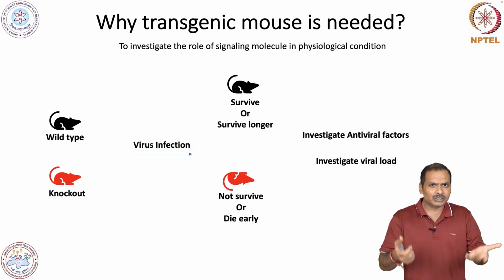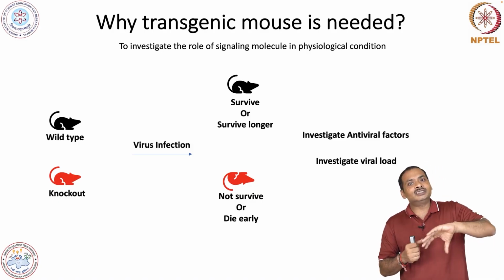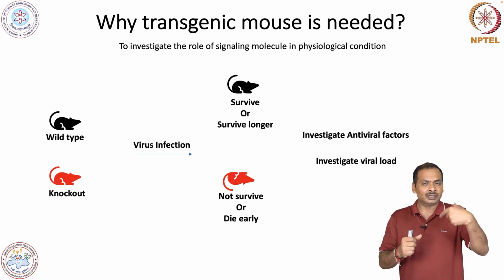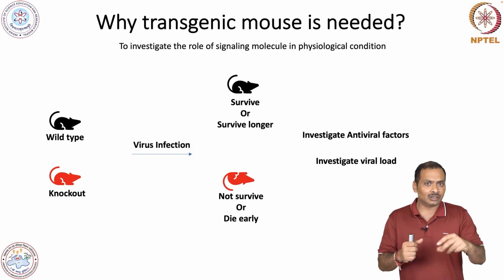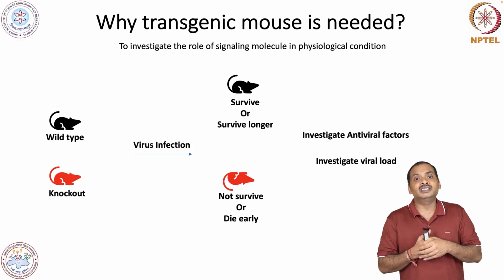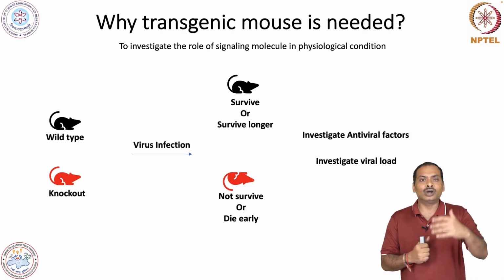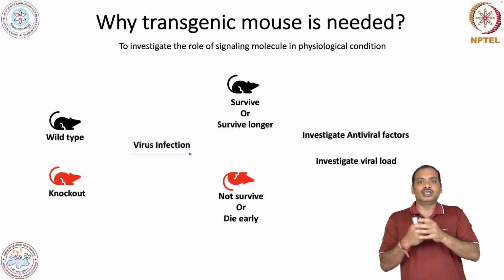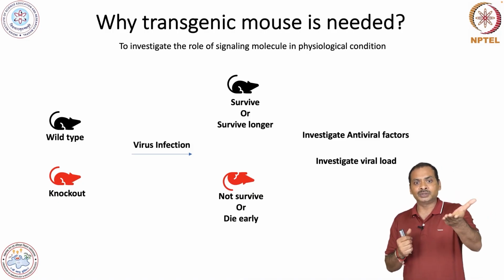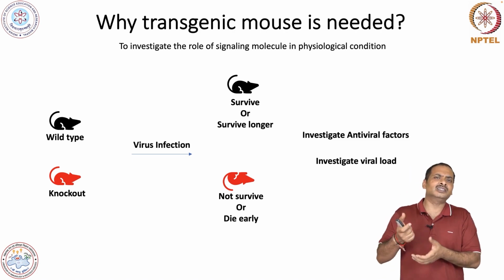Another experiment which people quite commonly use is to check the viral load. Since the knockout mice does not have an appropriate defense system because of the mutation or non-functional gene, you will see that the viral load is extremely high in that mice. For example, if the virus infects the liver or lungs, you will take out the lungs and liver and compare the viral load with wild type mice, and you will see that it is extremely high in knockout mice.